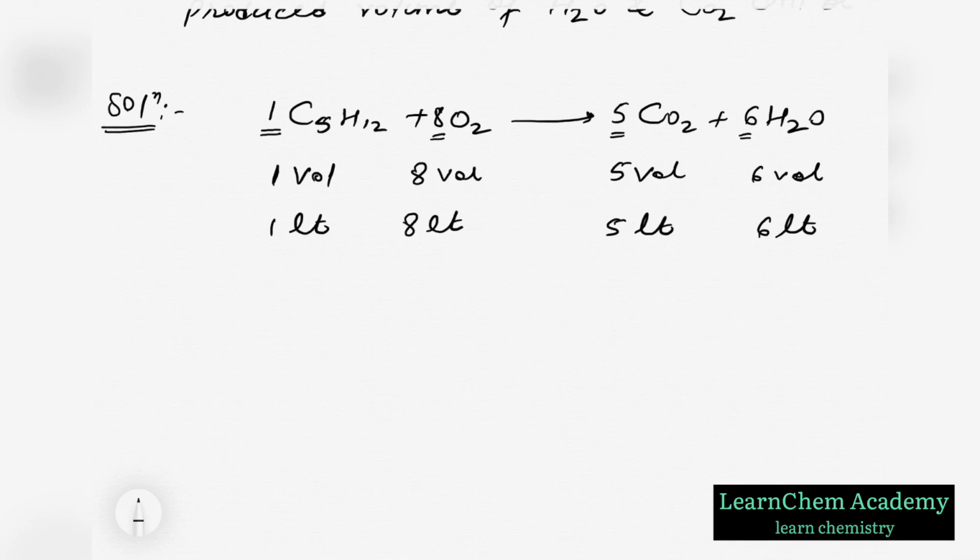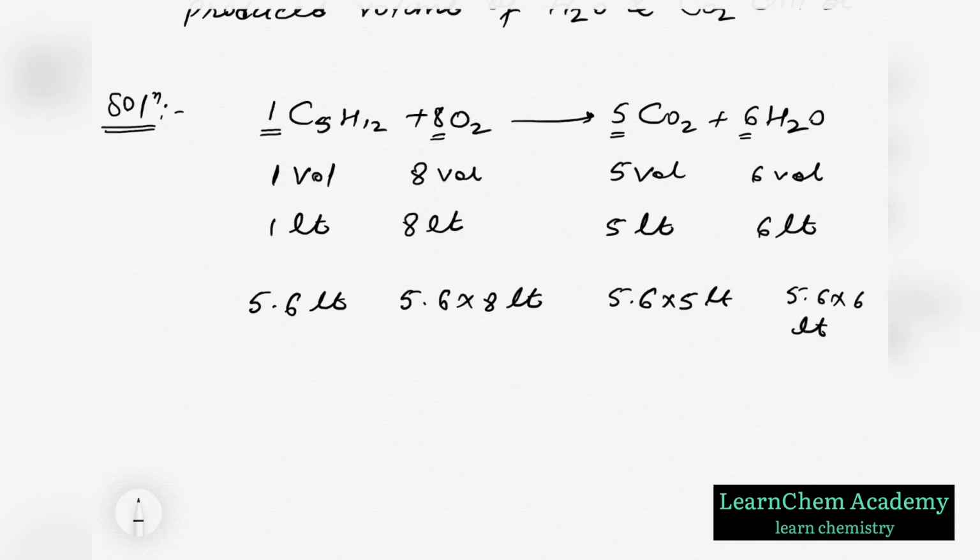Now 5.6 liter is given in the question. So 5.6 liter pentane reacts with 5.6 into 8 liter of oxygen and forms 5.6 into 5 liter of CO2 and 5.6 into 6 liter of H2O.